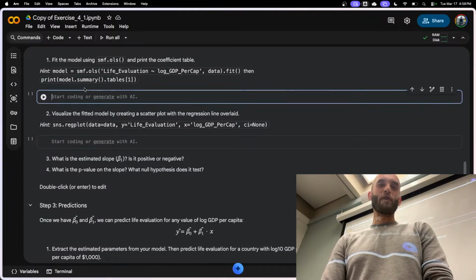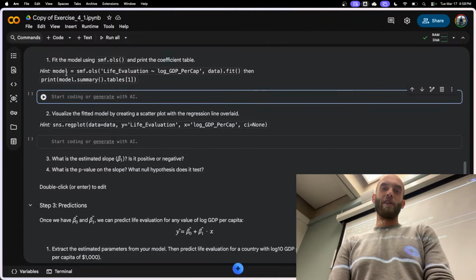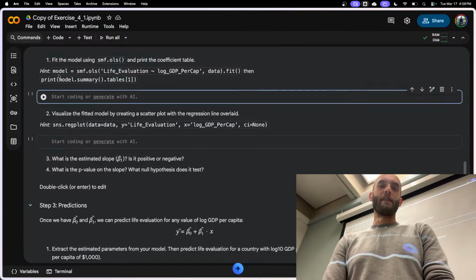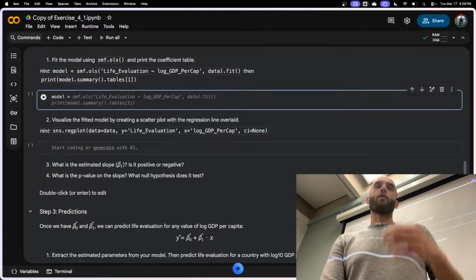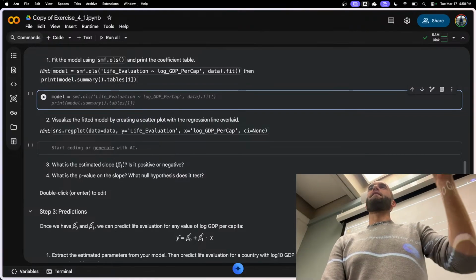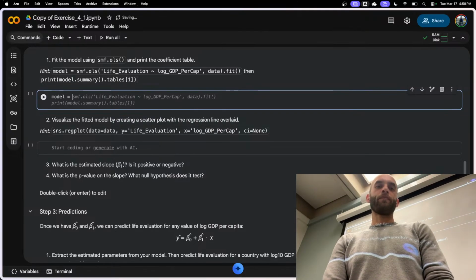Okay, so the first thing we're going to do is actually just fit the model. I'm giving you a bit of a hint here. We're just going to set model equal to something. So we're going to run a statistical model, but then save it as a variable called model.